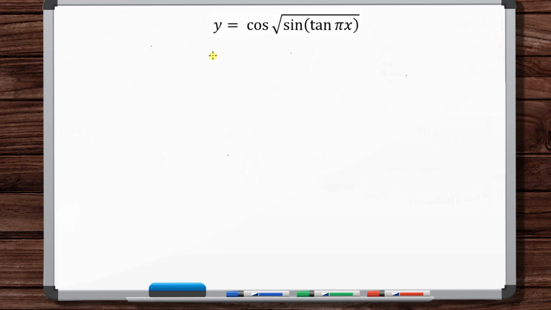Okay, so what is our big picture derivative? We've got the cosine of something. The derivative of the cosine of something is minus sine of that something, times the derivative of that something.